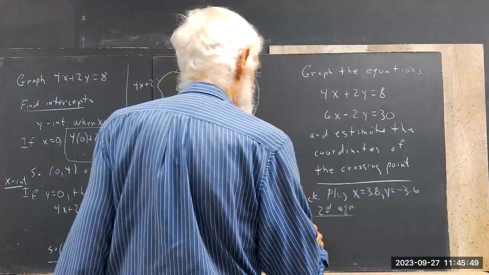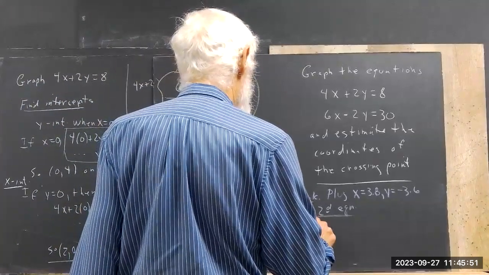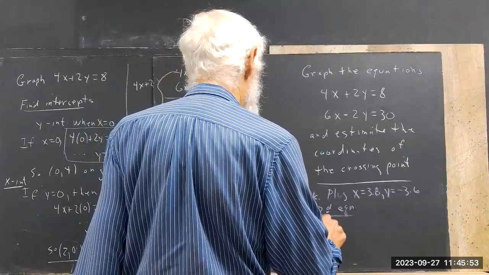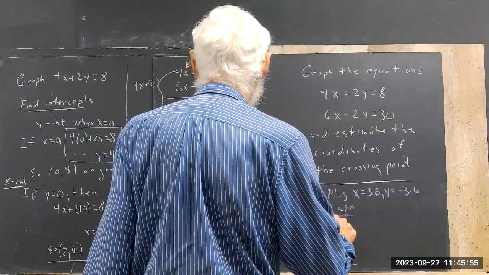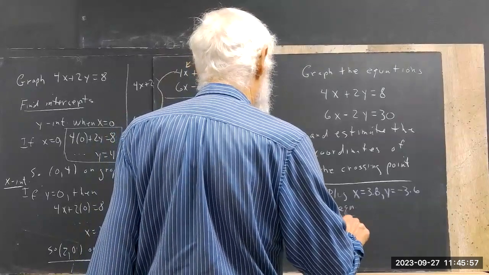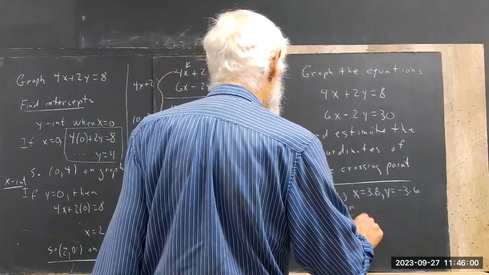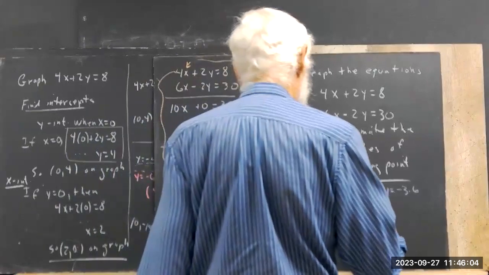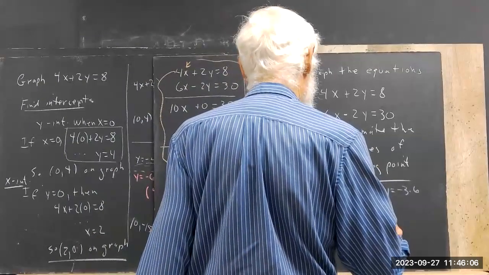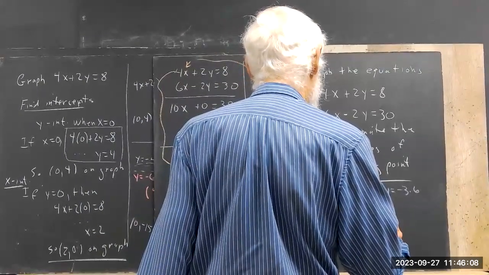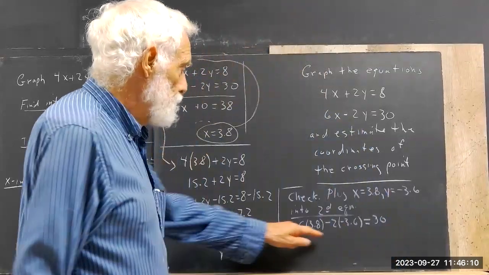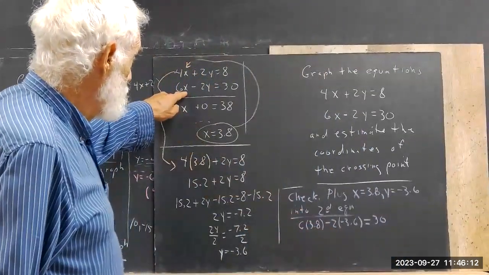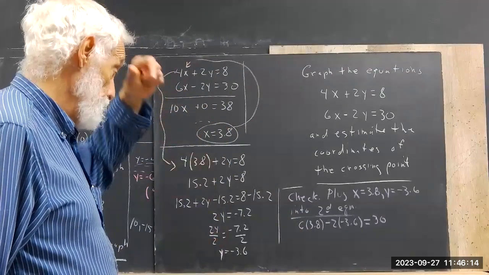Okay, so we get 6 times 3.8 minus 2 times negative 3.6 should equal 30. In other words, this is the second equation where we replaced x and y by these two numbers.